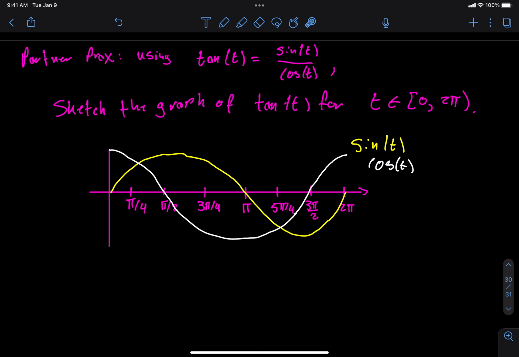Yeah, you're right, it would be y over x. But for the cosine thing, oh no, just kidding, sorry.